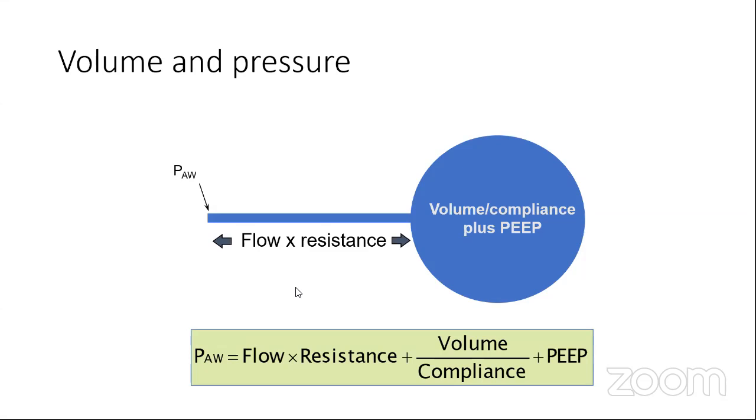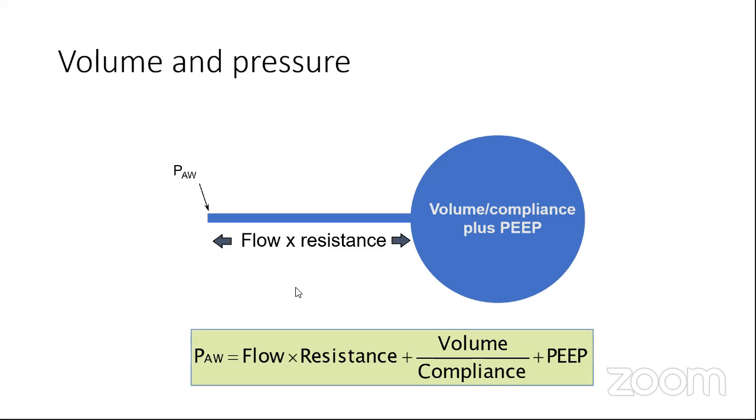So the pressure you need to fill up the alveoli is called the alveolar pressure. And this has to do with the volume you want to deliver. From the equation below, the higher the volume, the higher the pressure you need.